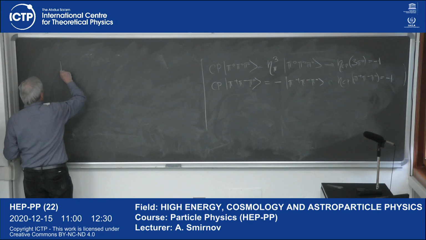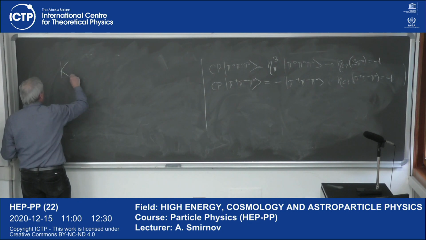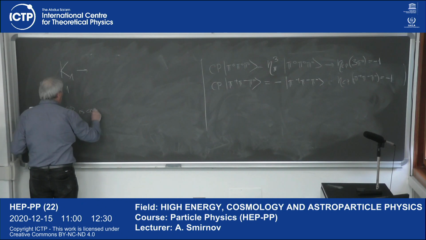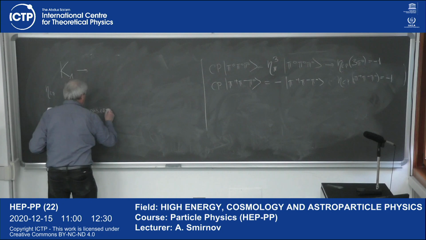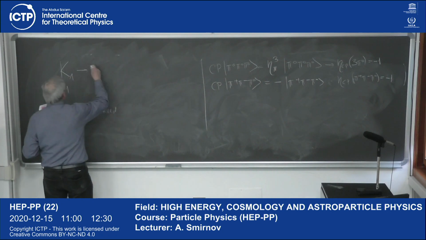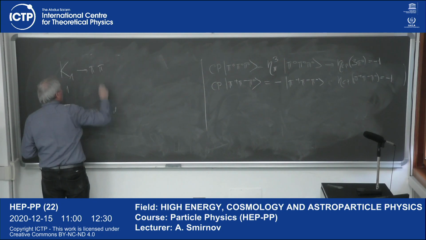So now we come back to our K1 and K2. K1 has CP parity plus 1. And therefore, if CP is conserved, this can decay only into 2 pions.